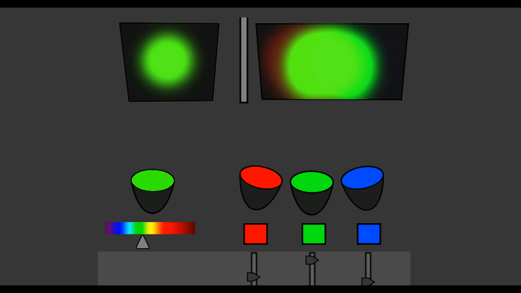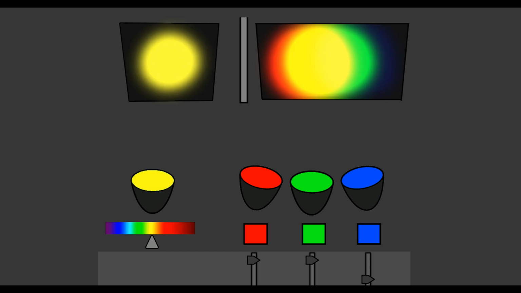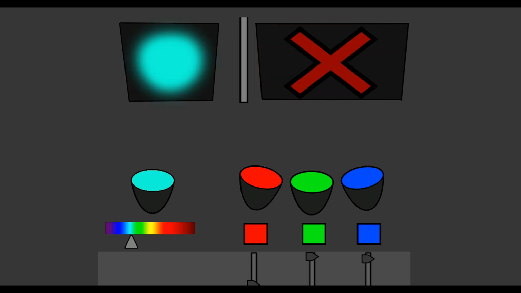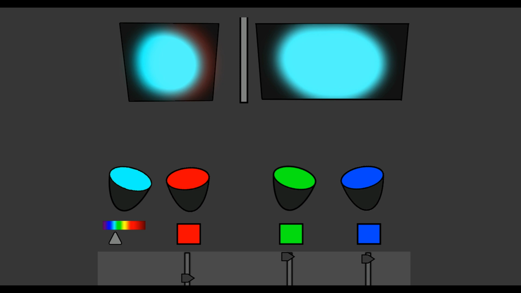And of course, much more than 5 wavelengths were tested. Anyway, it was possible to find matches for many spectral colors, but for many others it couldn't be done. So Wright decided to move one of the primaries to the left side and then try to match the left and the right side.